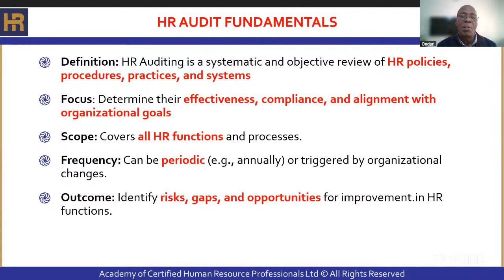Shortly, I'll be talking about types of HR audits where compliance is one of them. Compliance with the labor law is not an option, but a must, if we want to avoid, one, penalties, two, lawsuits, and three, fines. So we check compliance to ensure that we adhere to the labor laws and the regulations.